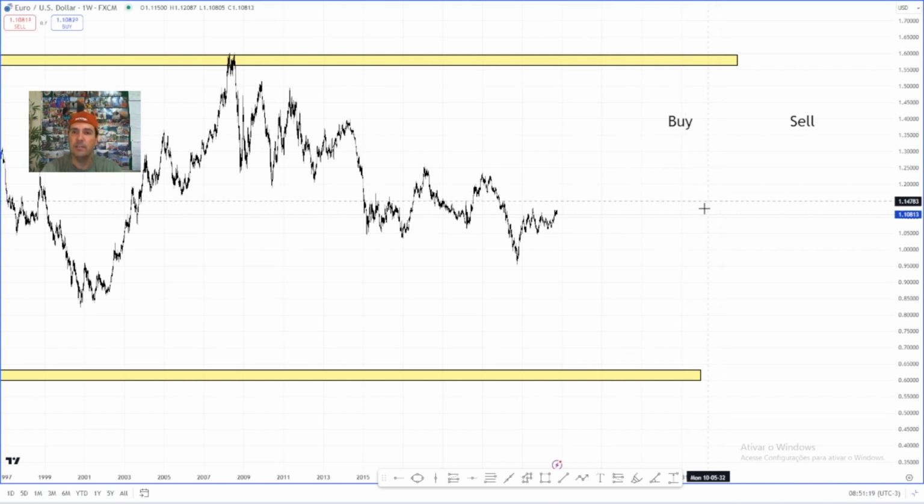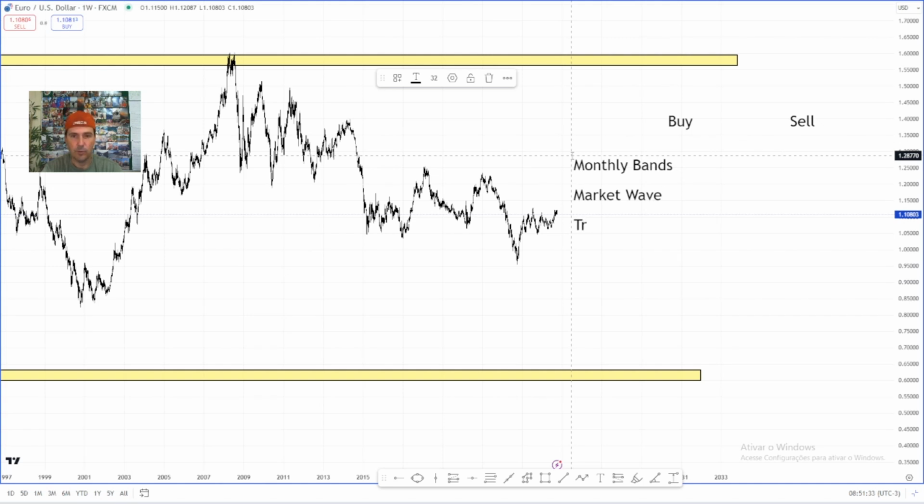Buy or sell. Okay, and here we have monthly bands, then we have the market wave, then the trend lines, then the short term trend.